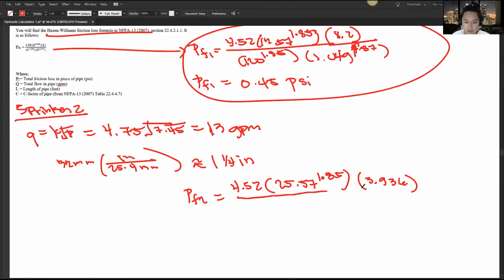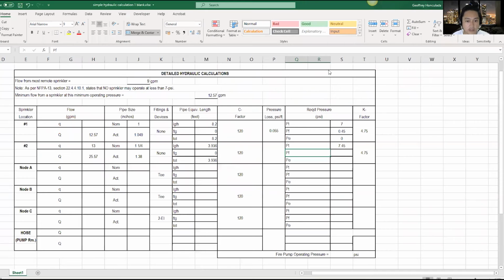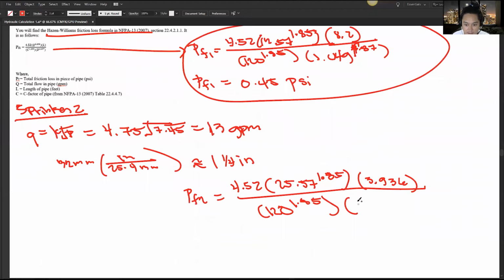3.936 all over 120, the C value, raised to the power of 1.85 times the pipe diameter, the actual internal diameter, which is 1.38. So that's 1.38 inches.